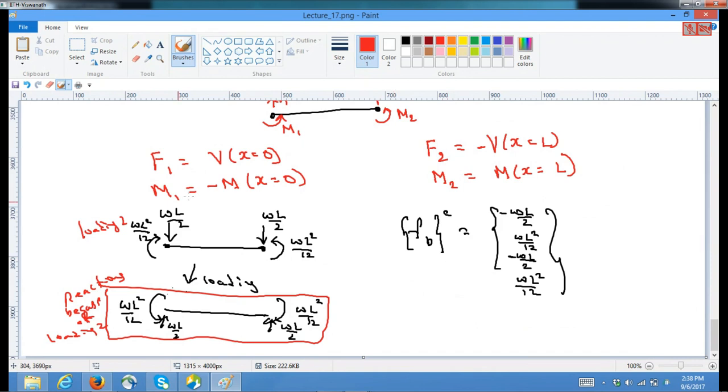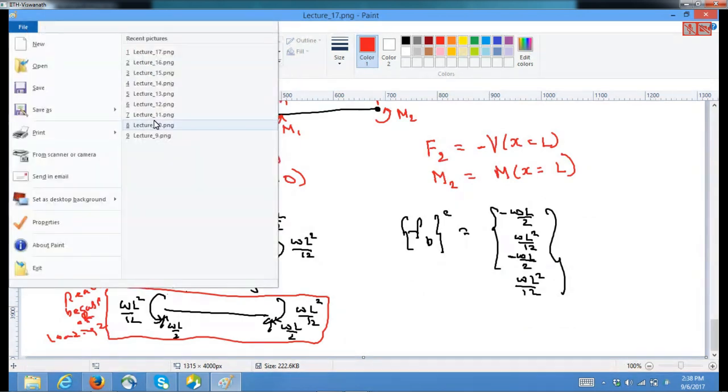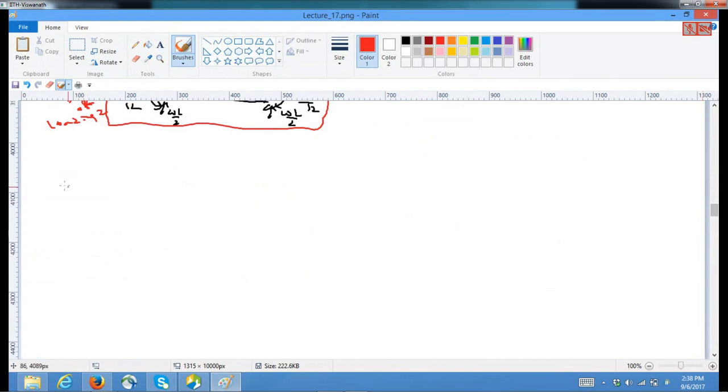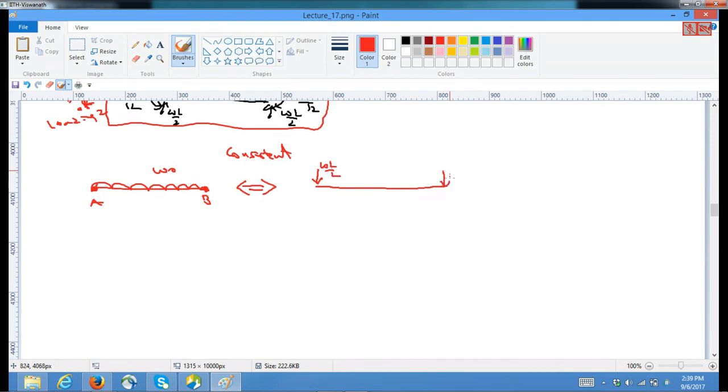So you replace, that means whenever you have W naught between two nodes A and B, you replace it with a consistent load of WL by 2, WL by 2 and WL square by 12, WL square by 12, because these two are giving the same reaction forces.